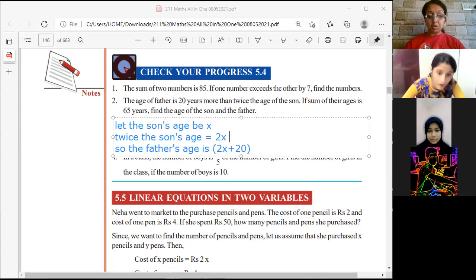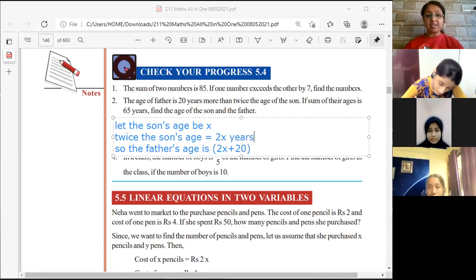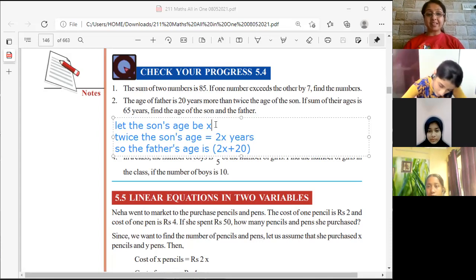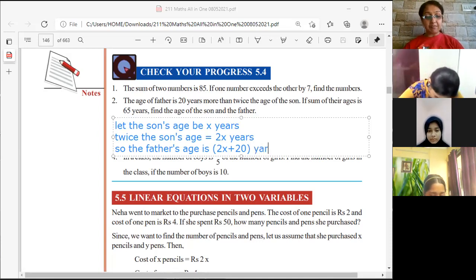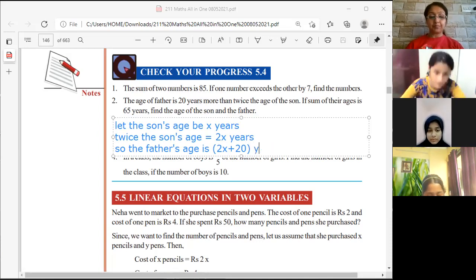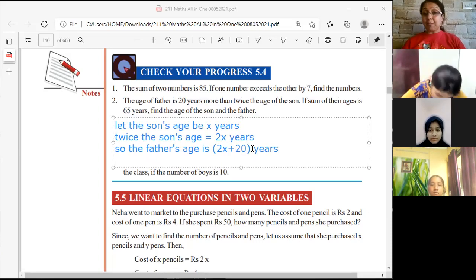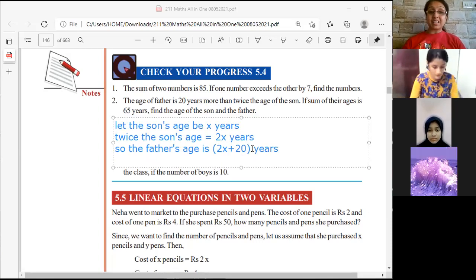So x years is the son's age, and 2x plus 20 years is the father's age. Correct? Now, if the sum of their ages is 65.